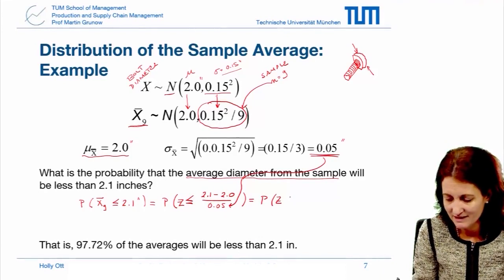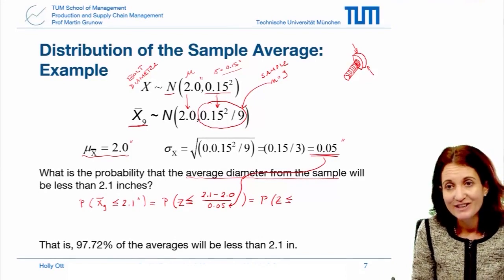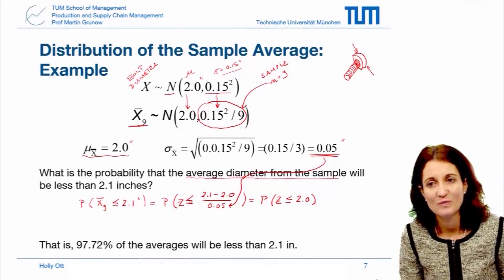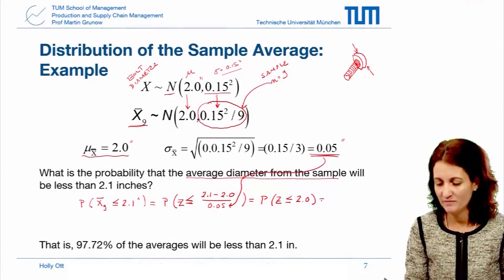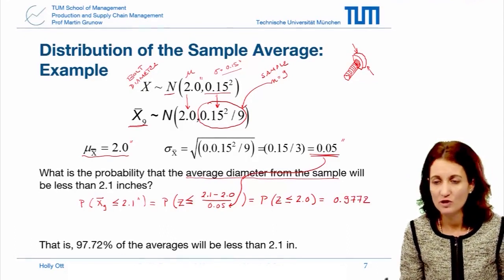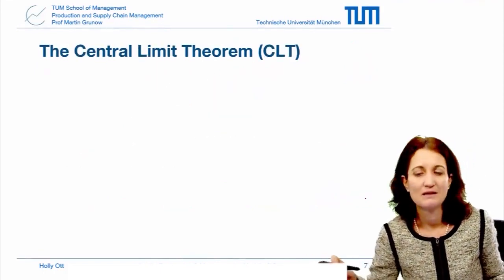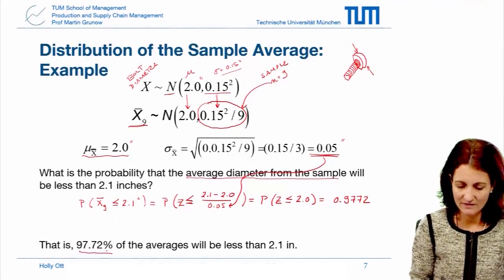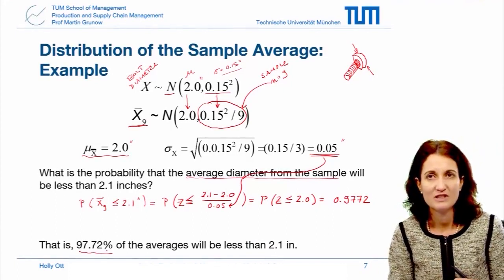If you can do that math in your head, you get P of z is less than or equal to 2. And you can look that up in your table. The probability is 97.72% that the averages will be less than 2.1 inches.